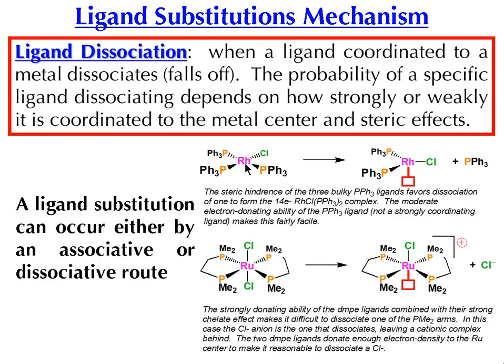Consider the dissociation of the rhodium complex, rhodium triphenylphosphine chloride. Rhodium will dissociate a ligand due to the steric factor. Triphenylphosphine is a bulky group and we have 3 of them, so this structure is unstable. In this case, the rhodium complex will release a triphenylphosphine ligand to open a vacant site.